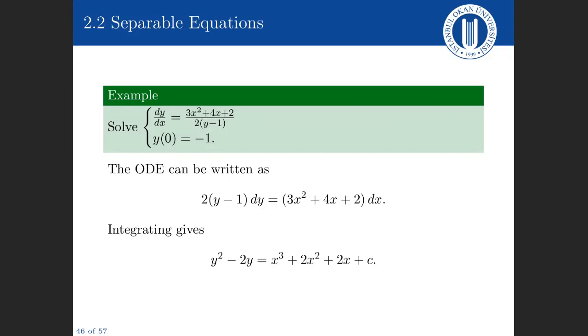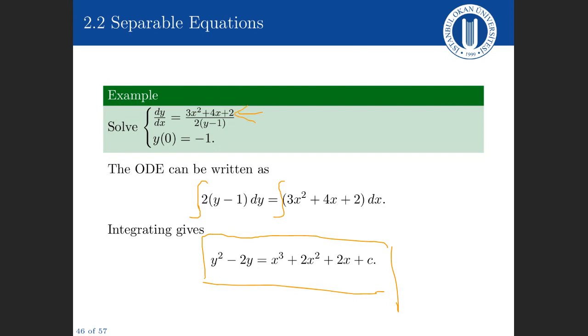Because we've separated the variables, we're allowed to integrate both sides. In other words, we're allowed to put an integral sign on the left side and on the right side. And we can calculate these integrals to get this general solution to the differential equation.